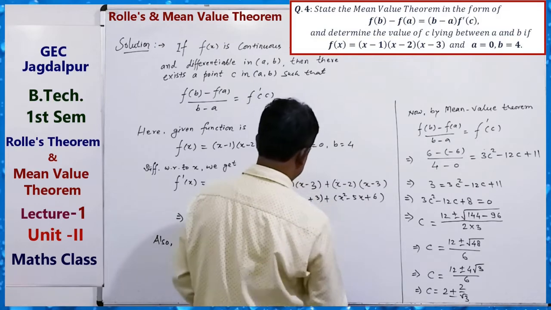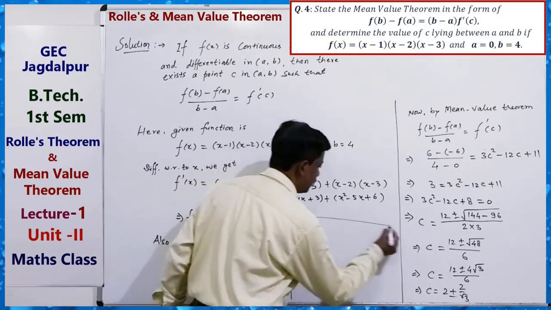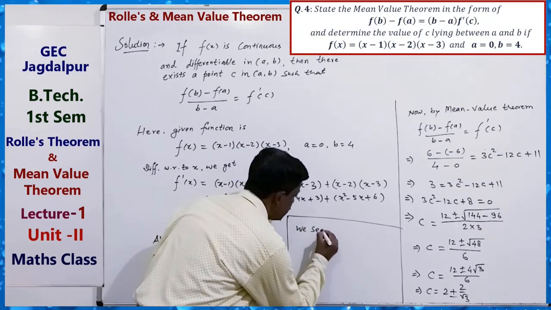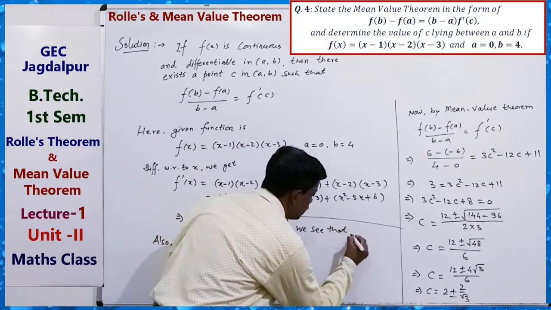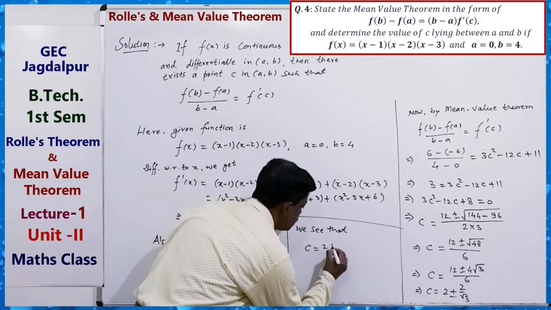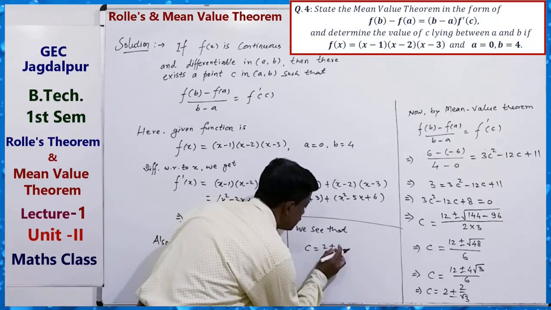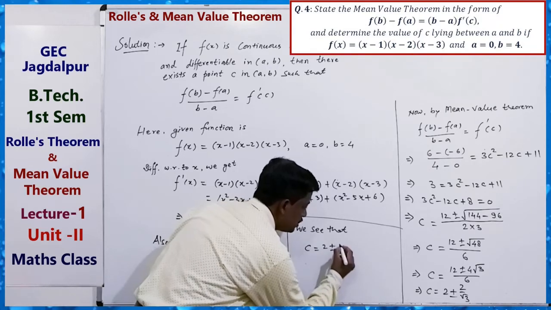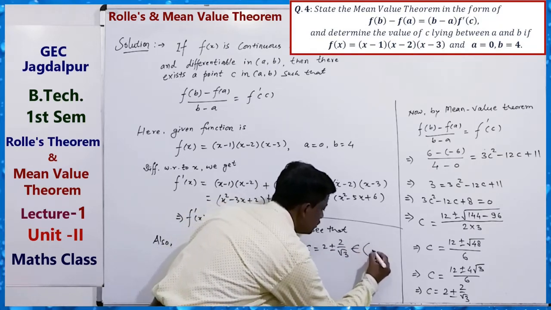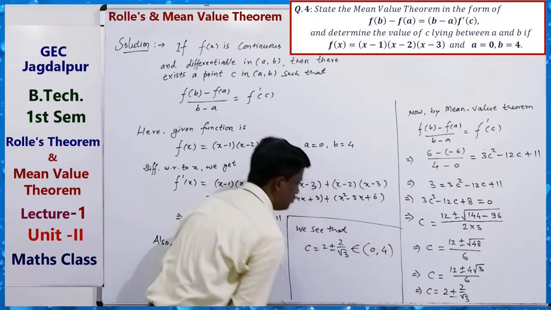So finally, we see that C equals 2 plus minus 2 by root 3 belongs to (0, 4).